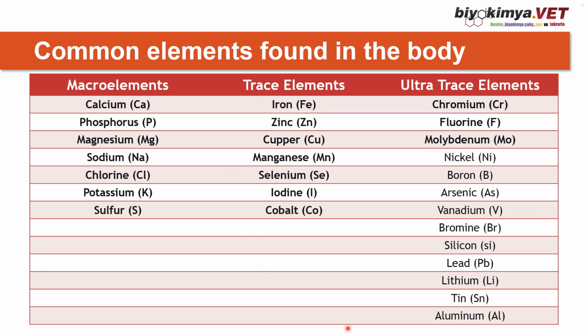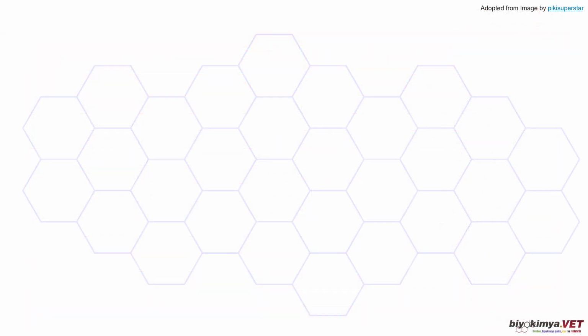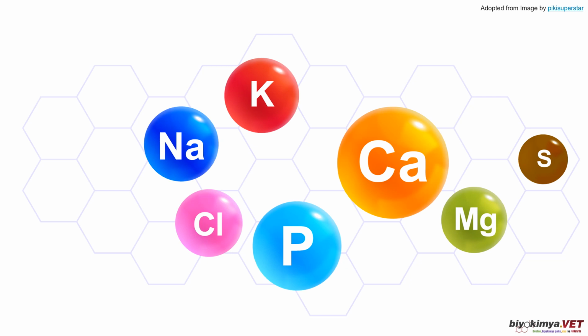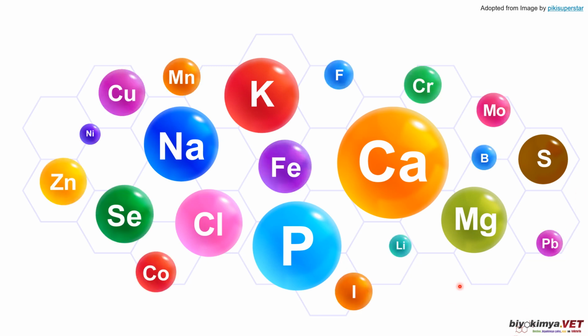So these two columns represent the trace elements and here the macro elements. And we study the bold ones in this topic. Here the macro elements, calcium to sulfur, and here the trace elements, which we will study for some, not all of them, such as boron and nickel.